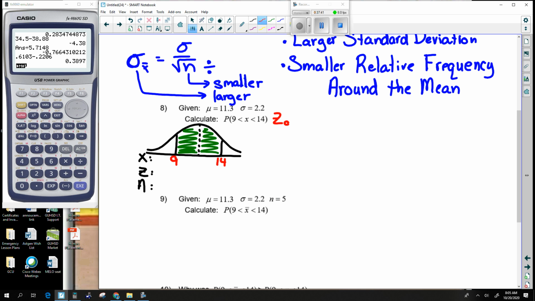So the z-score of the 9 is x minus mu divided by sigma. So 9 minus 11.3 divided by 2.2.